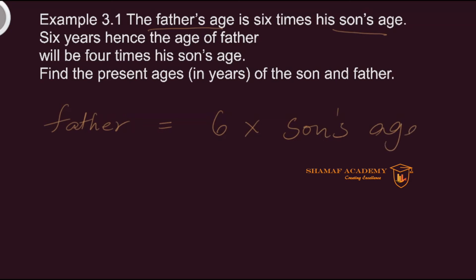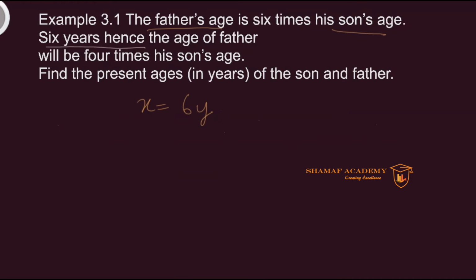Remember we took the father as x and the son as y. So have we formed the equation here? Father, which is x, equals 6 times son's age, which is y. So we have formed x equals 6y. This is the first equation we got.